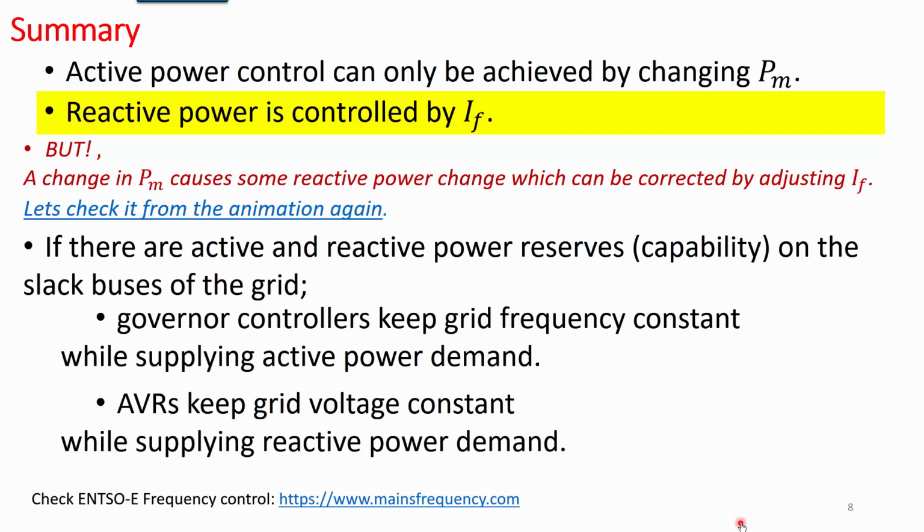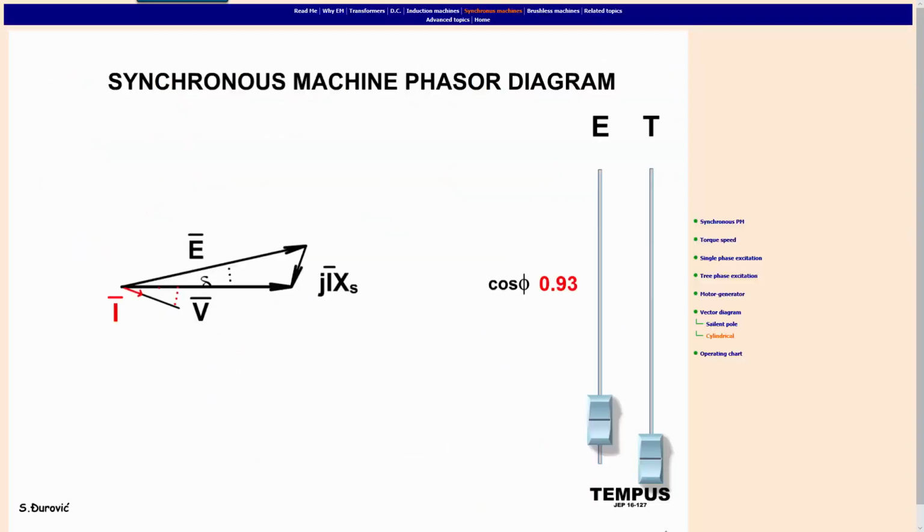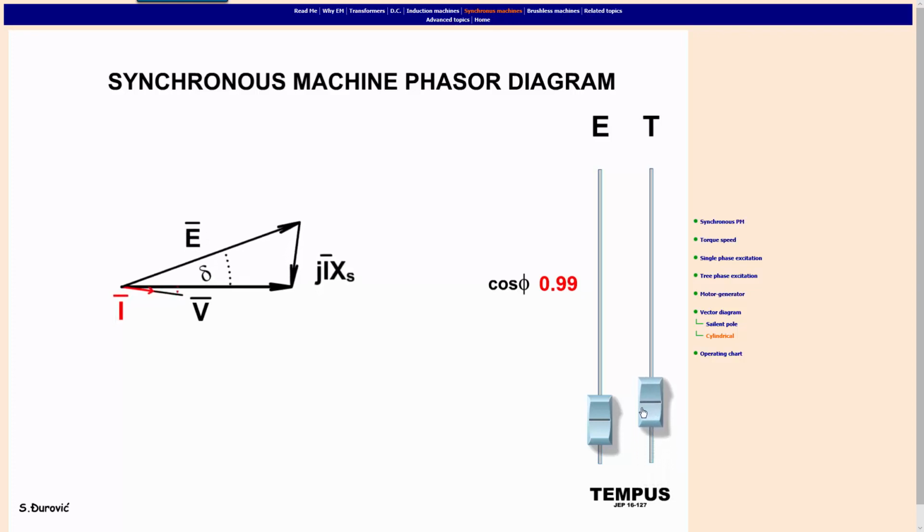A change in mechanical power causes some reactive power change, but that power change can be corrected by adjusting field current. Let's check the animation again. Okay, I apply more mechanical input power, so I cosine phi term will increase and delta increase.